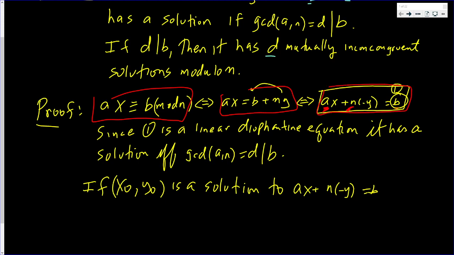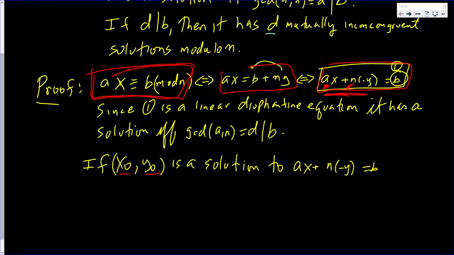If I'm telling you x0, y0 is a solution to this, then x0 is a solution to the congruence equation: a times x0 will equal b mod n. They're the exact same statements, all three of them.